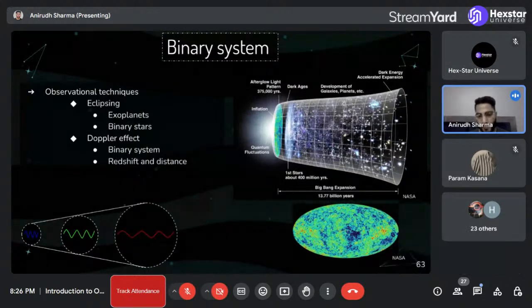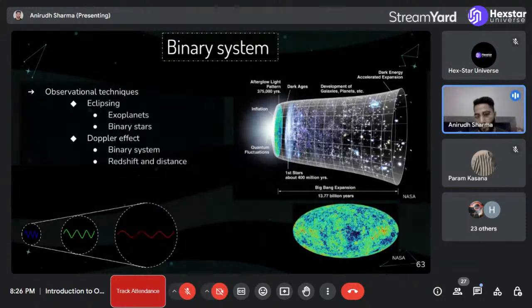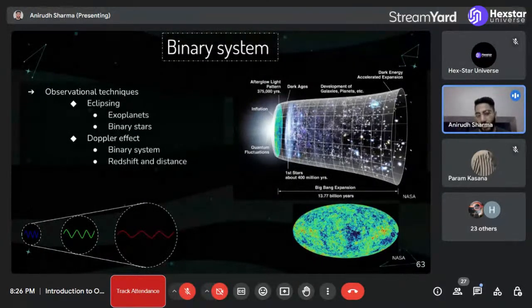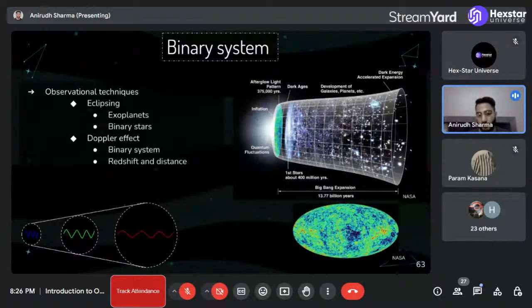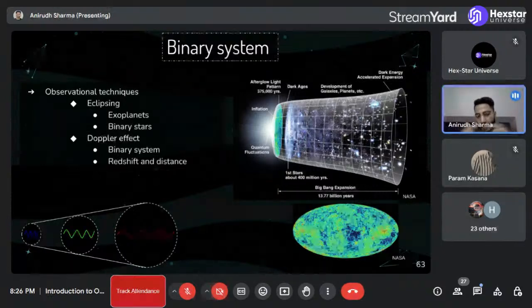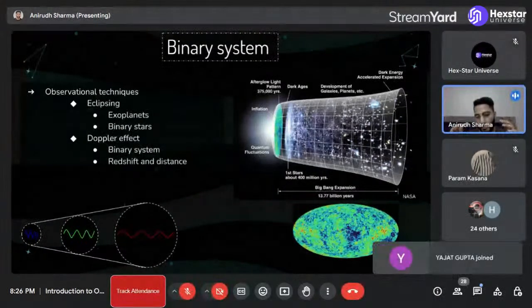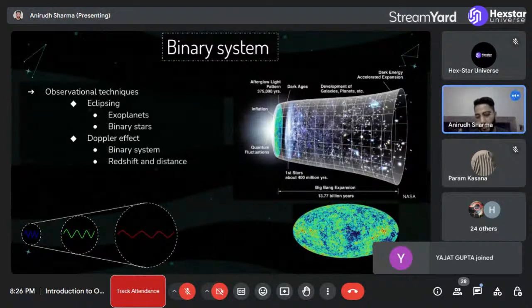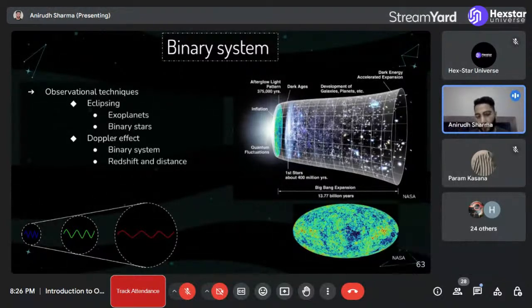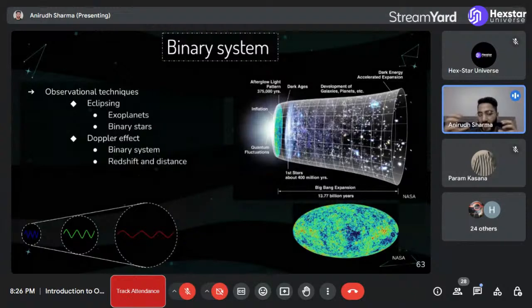This image is of microwave emission from the time when light was allowed to escape from the clouds. That's a discussion for some other time. But imagine that there was a light suddenly in the universe. The light was always there, but it started to easily escape. So this is an image of the stretched out light from that period of time.